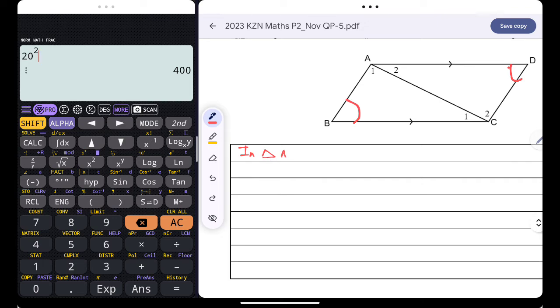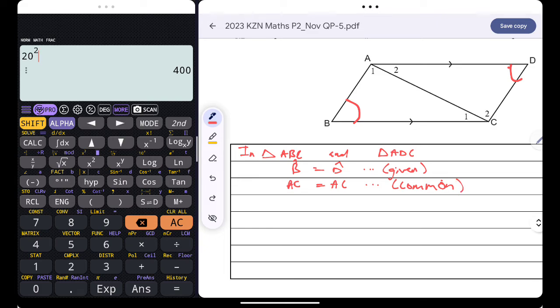In triangle ABC and triangle ADC, angle B is equal to angle D. This was given to us. Are you together? And then AC is a common side. AC appears on both triangles.